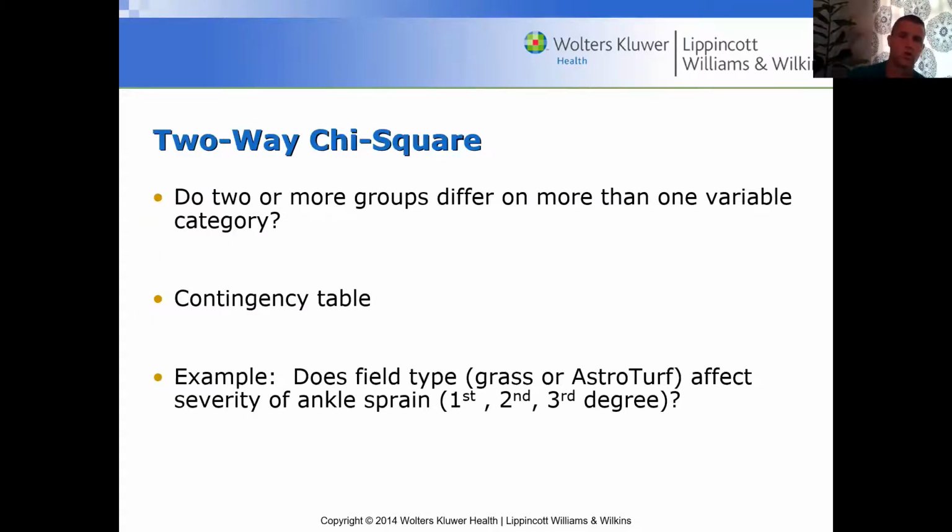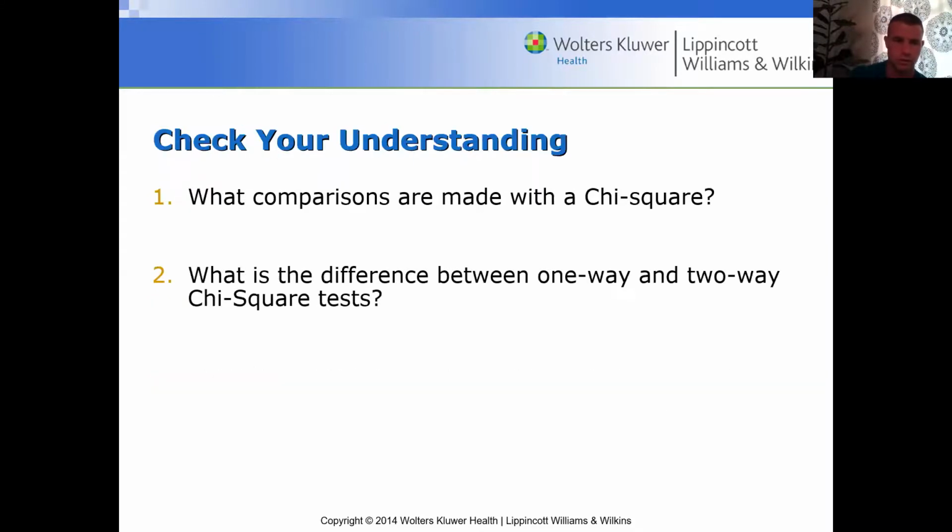Two-way chi-square, do two or more groups differ on more than one variable category? So again, we'll use a contingency table. Example, does field type, grass or AstroTurf, affect severity of the ankle sprain? So we're not just looking at whether or not they get the ankle sprain, but now we're looking at first, second, third degree ankle sprains.